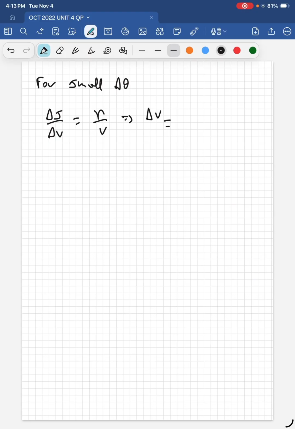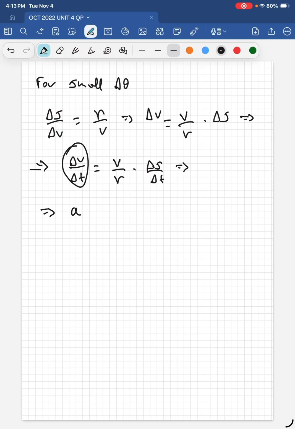So delta V is v over r times delta S. And if we divide by time, delta V over delta T is v over r times delta S over delta T, which means that A, because A is the change in velocity with respect to time, is v squared over r, because recall that this is just v, right?